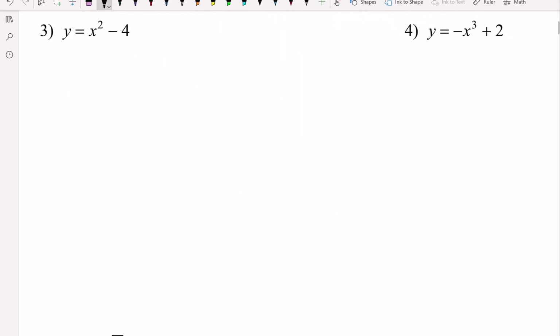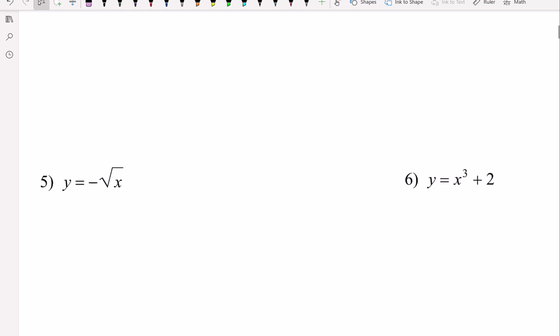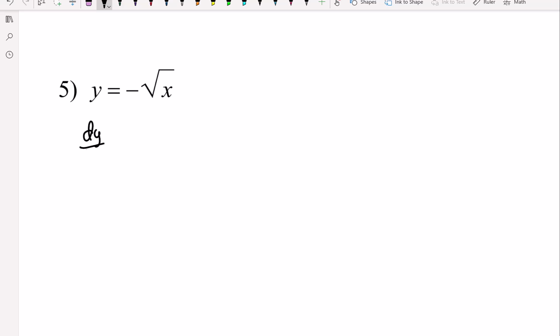so let's do another one. So when we take the derivative, remember we're going to write this as x to the 1/2. So you bring the 1/2 down in front, so negative 1 over 2, and then subtract 1, that'll be negative 1/2. Negative 1/2 means you put it down here.